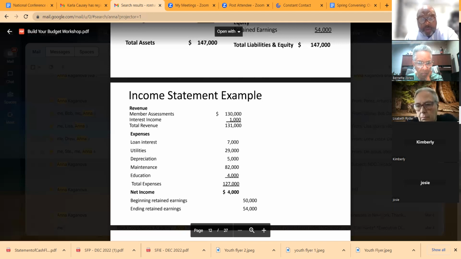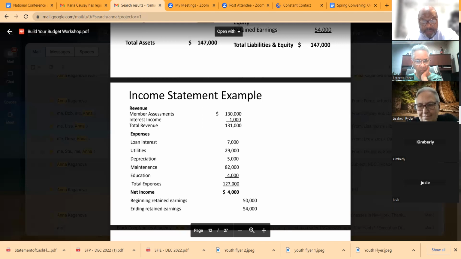Let me walk through this again. Revenue. In this example, member assessments. And so that's the member dues. And with that is interest, the interest income, because you got it in an interest-bearing account. So you generate $1,000 of interest on it. So your total revenue now is $131,000.